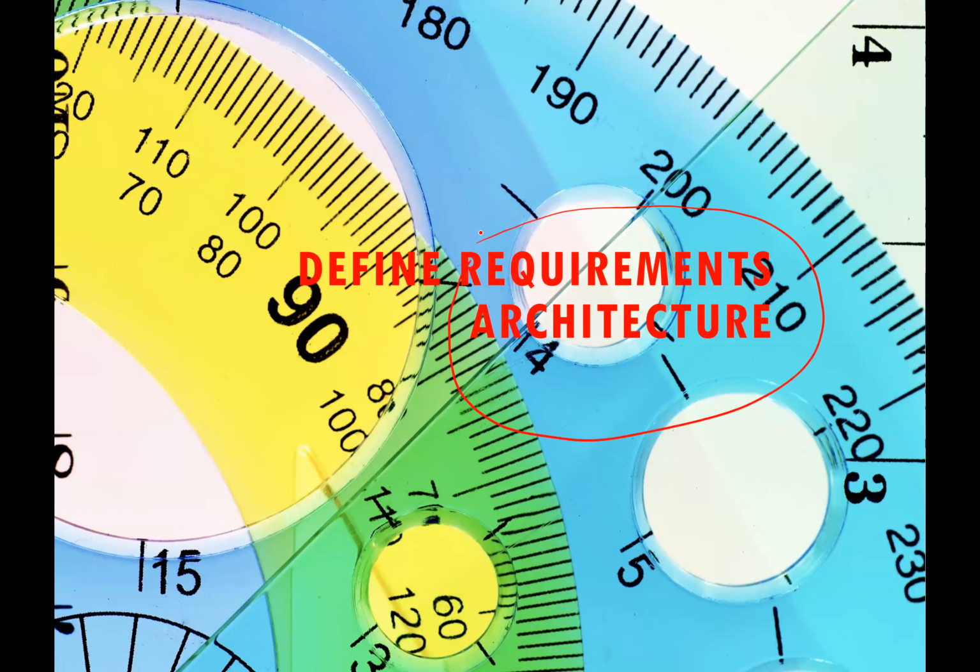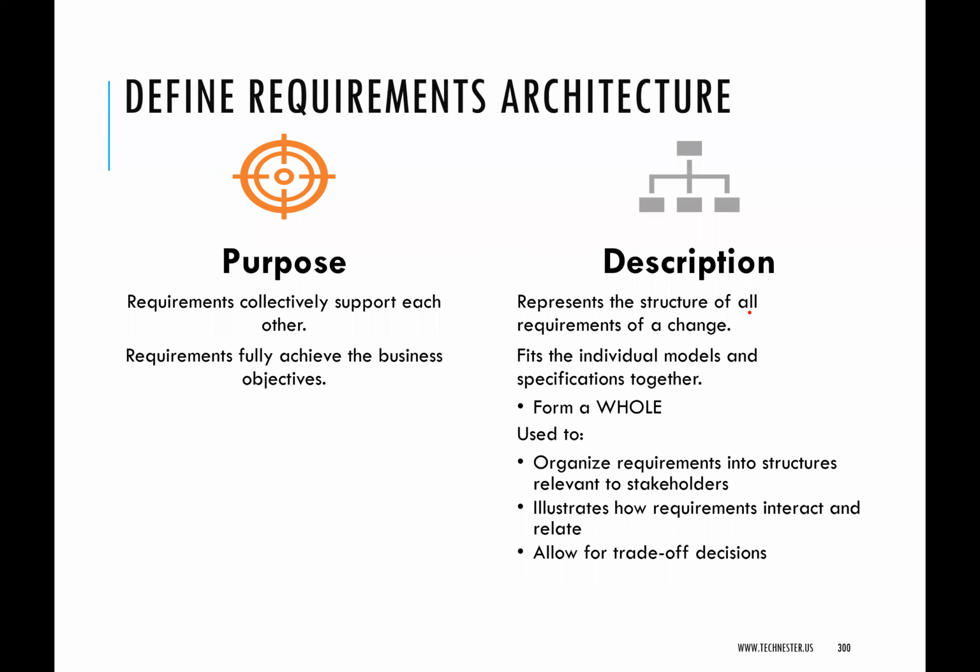You bring all the requirements together, requirements or models about different use cases. You start piecing them together like pieces of a puzzle to make a comprehensive whole. And what you are making in that case will be your requirements architecture.